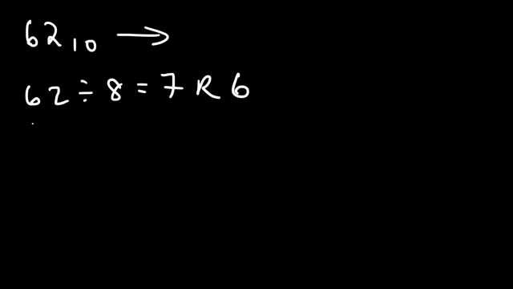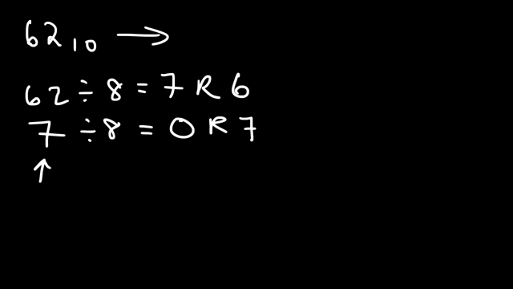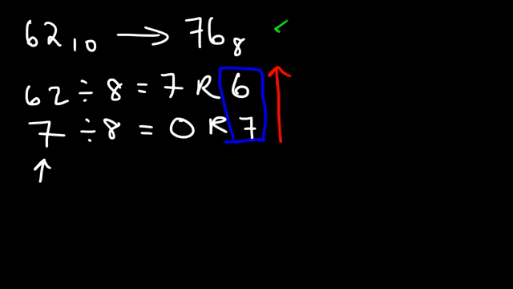Next, we have 7 divided by 8. Since 7 is less than 8, we could say 8 goes into 7 0 times with a remainder of 7. And so reading it this way, we could see that it's 76 in the octal system. So this here is our final answer for this problem.